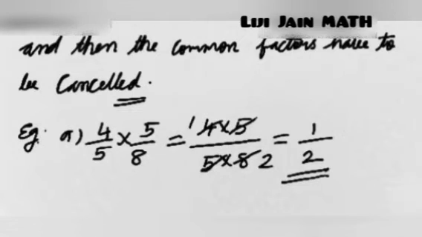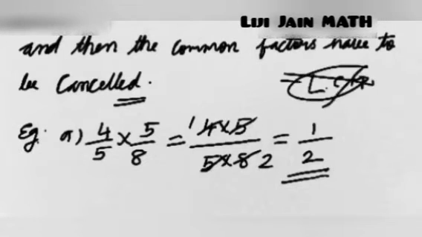Don't find the LCM of 5 and 8 and make it complicated. Don't do like this. In the case of multiplication, we shouldn't find the LCM. No need of LCM in the case of multiplication.